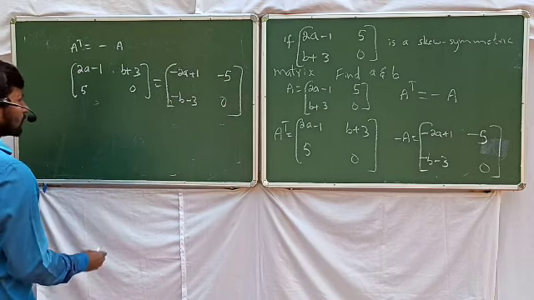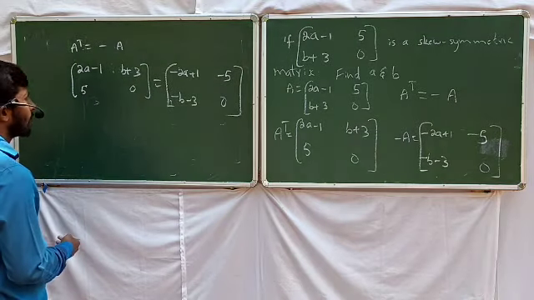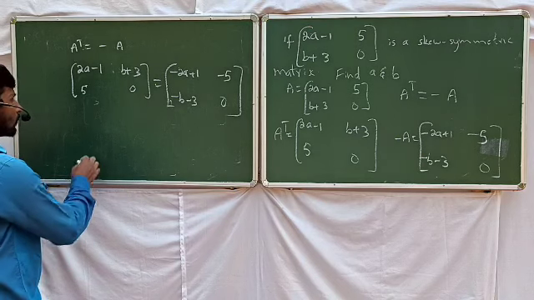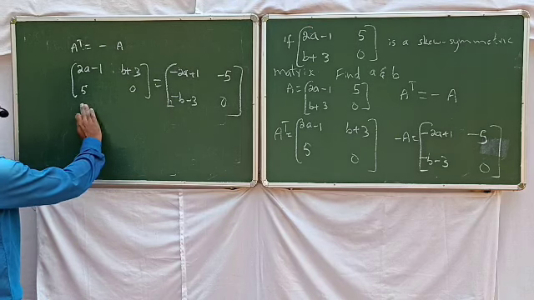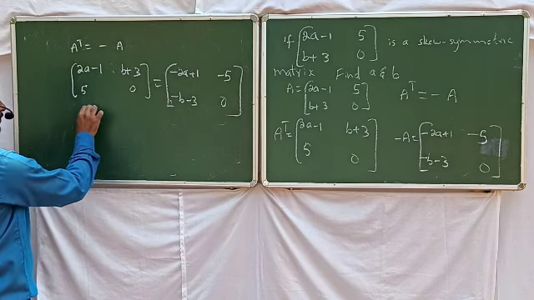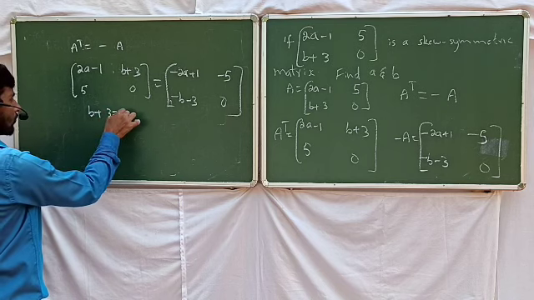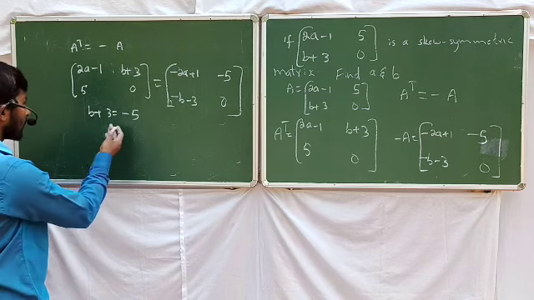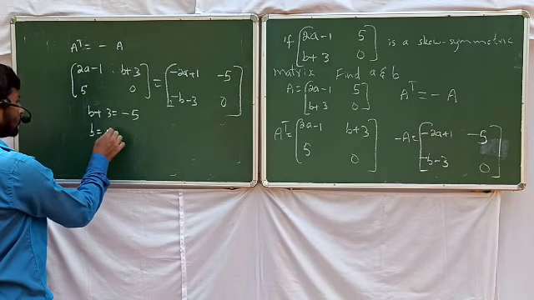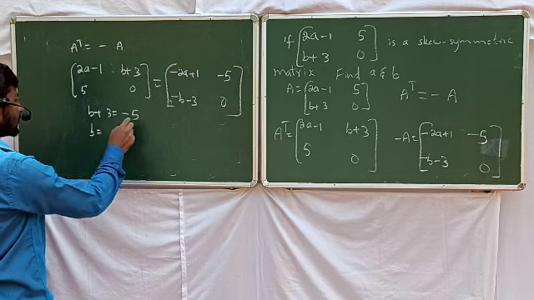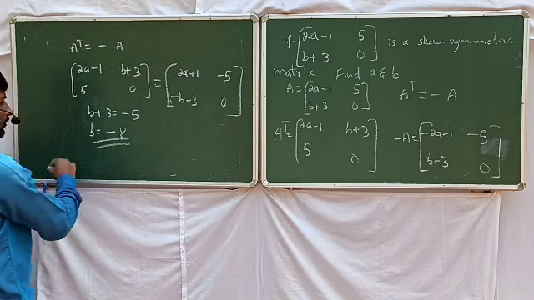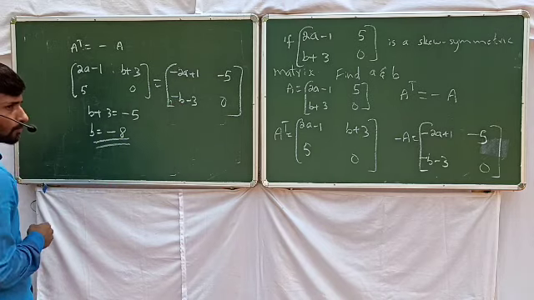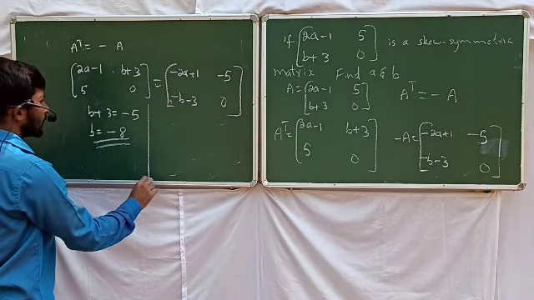Now, use the definition of equality of matrices. Two matrices are equal means their corresponding elements are also equal. So here I'll write first b plus 3 is equal to minus 5. What will you get for b? b is equal to minus 5 minus 3. b value is equal to minus 8. No need to compare b with any other number. Now find a value.